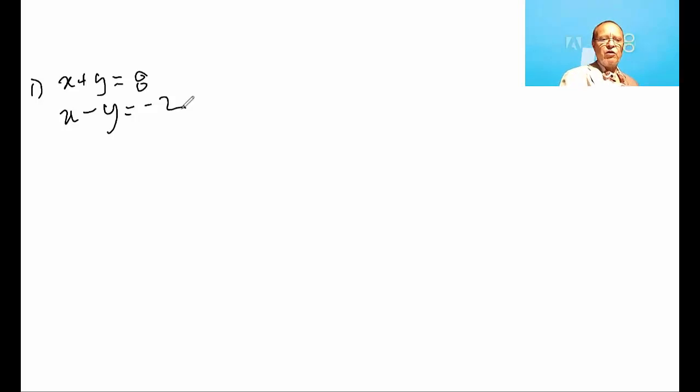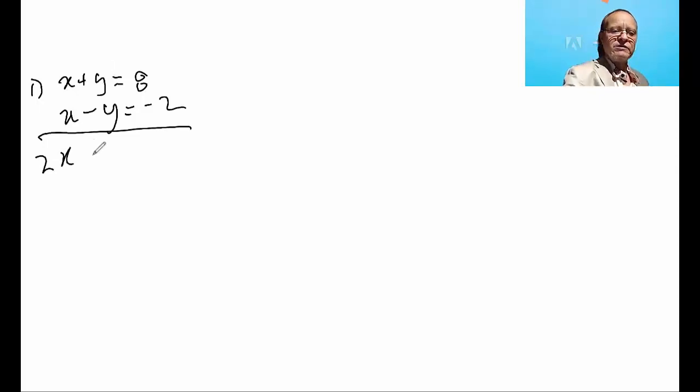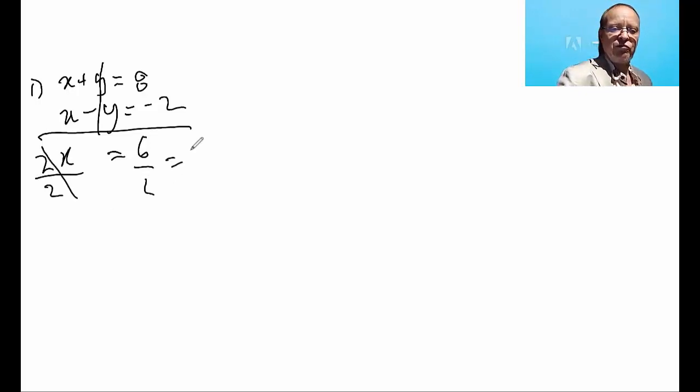Now, if you notice that by adding up these two equations, x plus x gives 2x, but y minus y cancels out, and 8 minus 2 gives 6. So I'll divide by 2, I'll divide by 2, and I'll get 3.